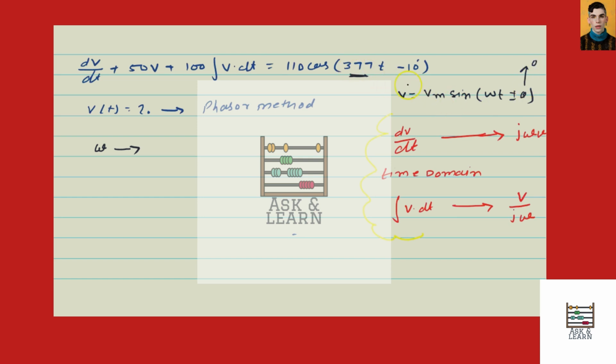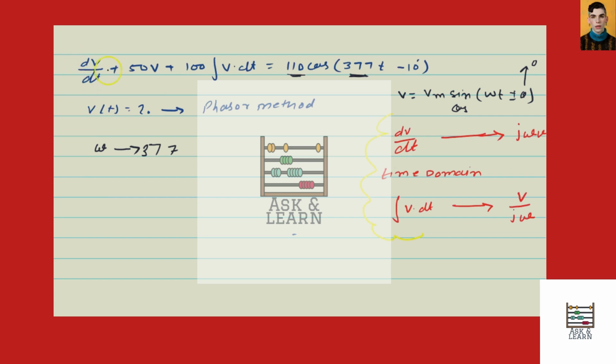When we compare this equation, Vm is the magnitude, it can be in cosine or sine form, and this is the value ω t. So ω is 377. Now convert this time domain equation into the frequency domain.